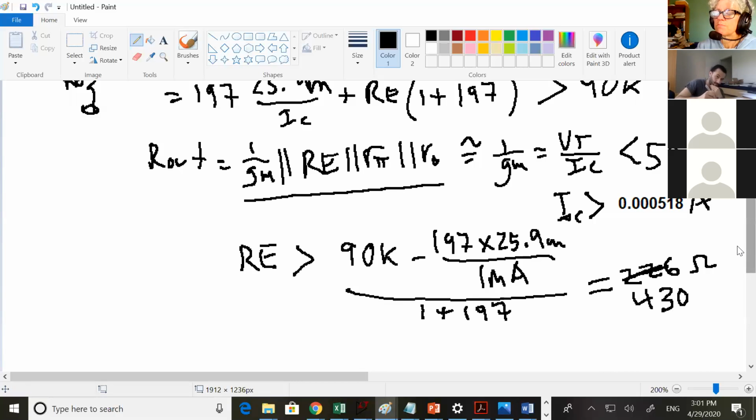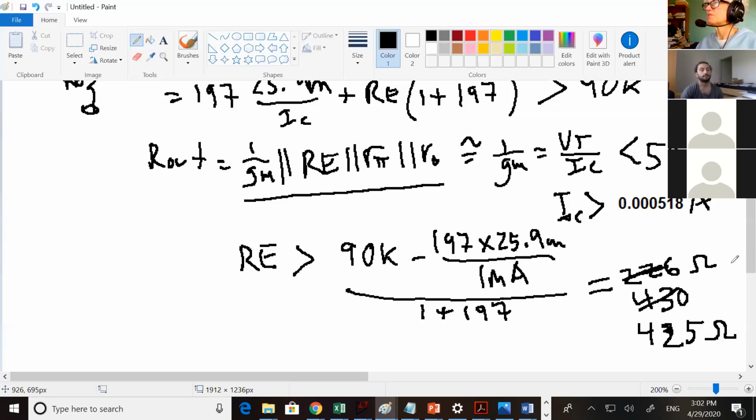And actually, when you put it back in and test this out, it gives you a little larger R out than you want. So a value that does give you a successful design is 425 ohms. But I'll make a video of this too. I'll just go straight through it and try to keep it short and go through the whole design.